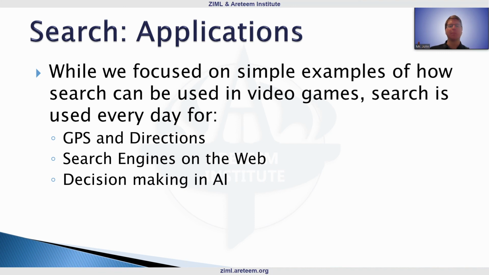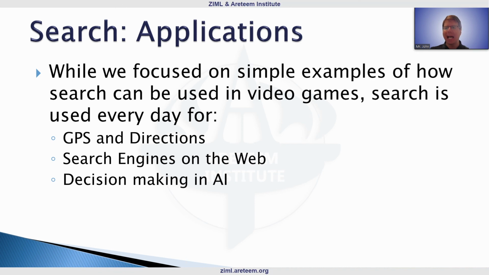And any type of decision making in AI, behind the scenes, they're doing some of these search type of things. As a simple example, like chess, if you have an AI for playing chess, you're obviously searching through the possible moves in that case. But that vocabulary is actually used for other things.